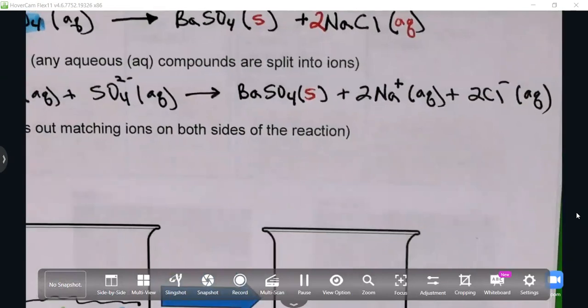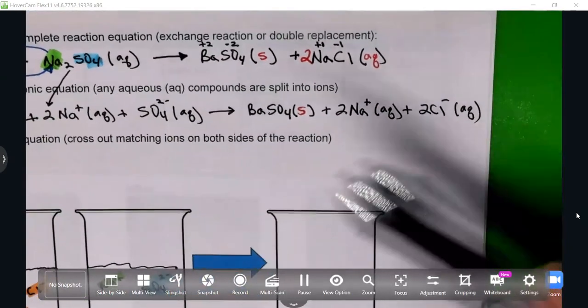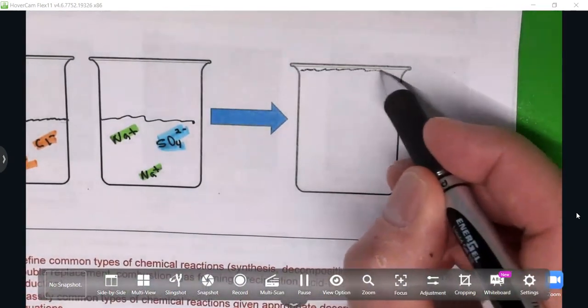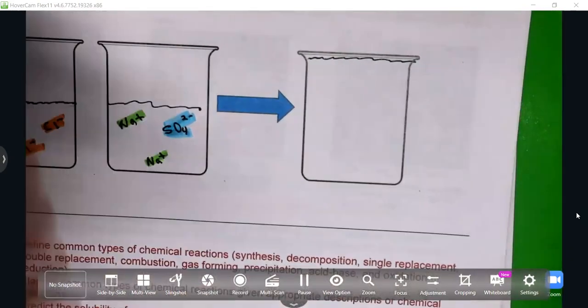So let's dump them together. If I dump these two beakers together, I'm going to make this beaker full way up to here because these are about half full. And here's what I'm going to have.